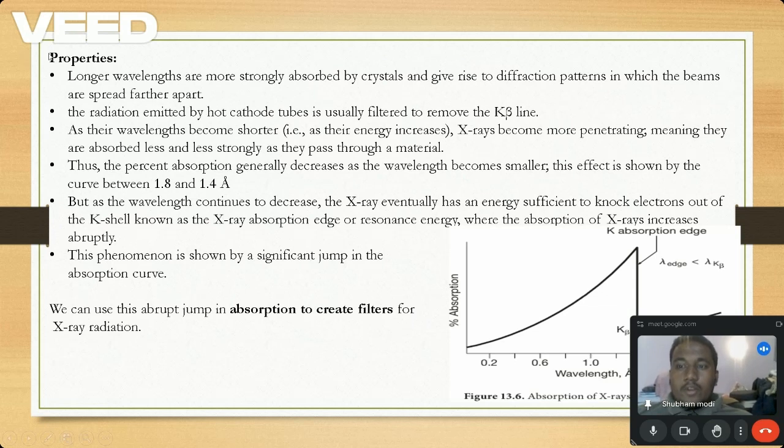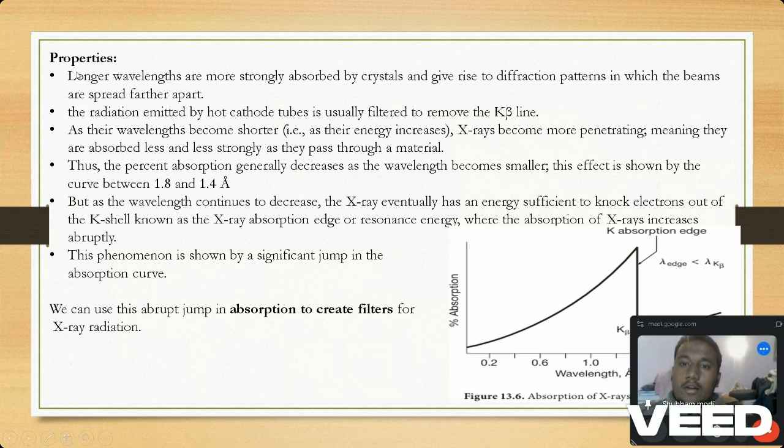The properties which are shown by X-ray absorption are as follows. Longer wavelengths are more strongly absorbed by crystals and give rise to diffraction patterns in which the beams are spread apart. The radiation emitted by hot cathode tubes is usually filtered to remove the K beta line.